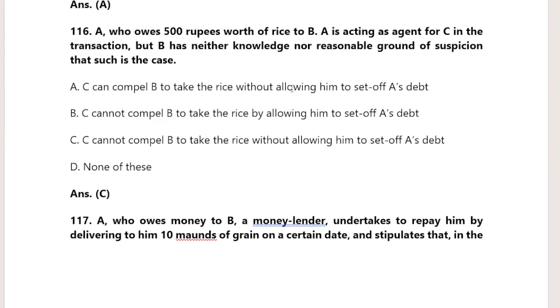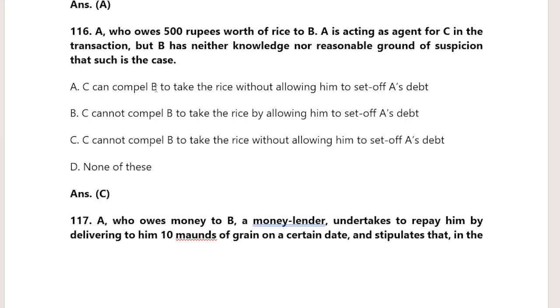And the next question is: A owes 500 rupees worth of rice to B. A is acting as agent for C in the transaction, but B has neither knowledge nor reasonable ground of suspicion that such is the case.